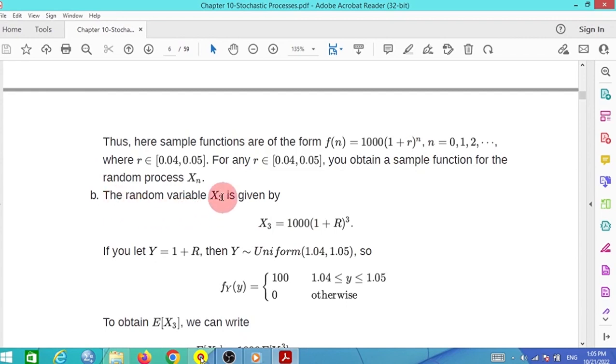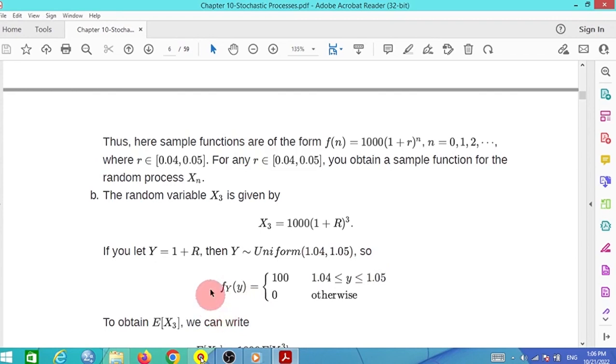The random variable x_3 is given by this, so we can calculate the expected value. For simplicity, define Y equal to 1 plus R. Y is uniformly distributed between these limits. Come back to the previous chapter and study the uniform distribution and its properties.